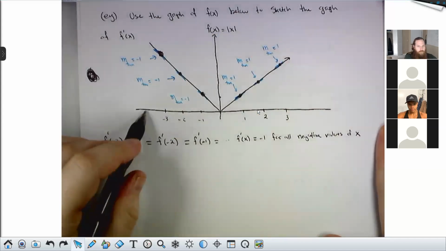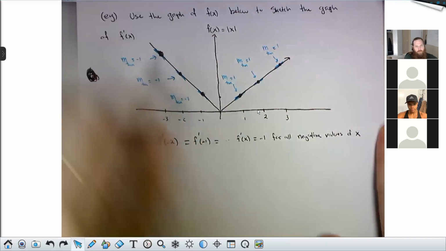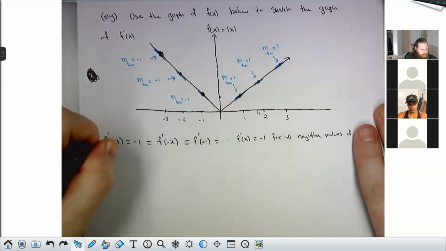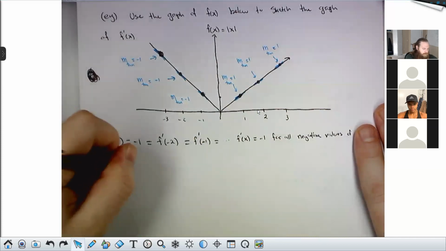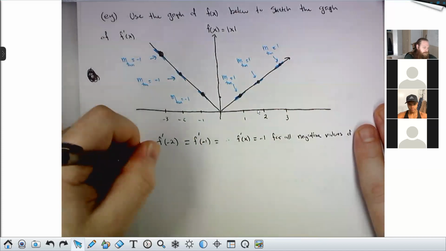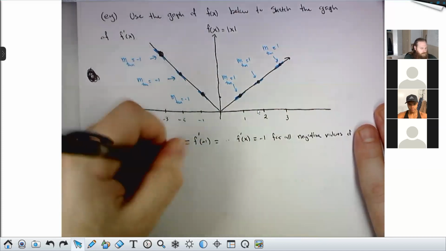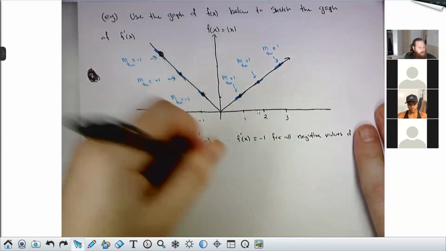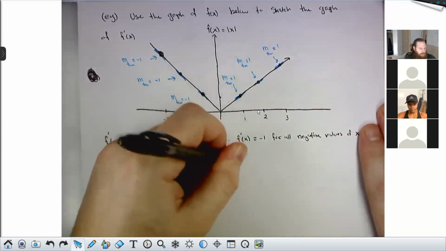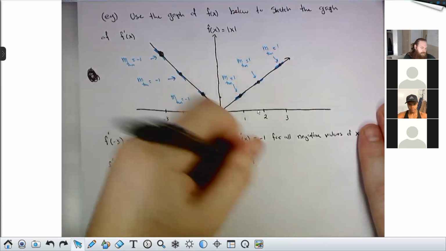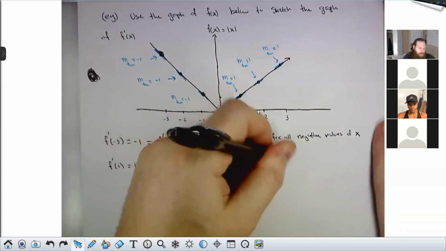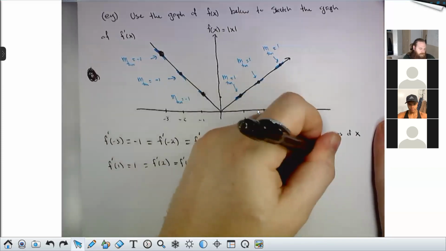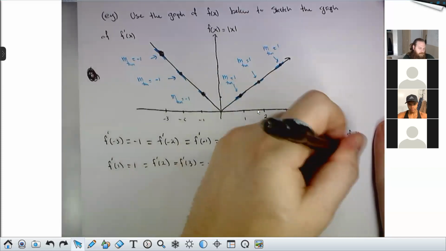Everywhere to the left of 0, the slope along this graph is -1. And similarly, if we come in on the other side, f primed of 1 is 1, and that's the same as f primed of 2 and f primed of 3. And in general, it looks like f primed of x is equal to positive 1 for all positive values of x.